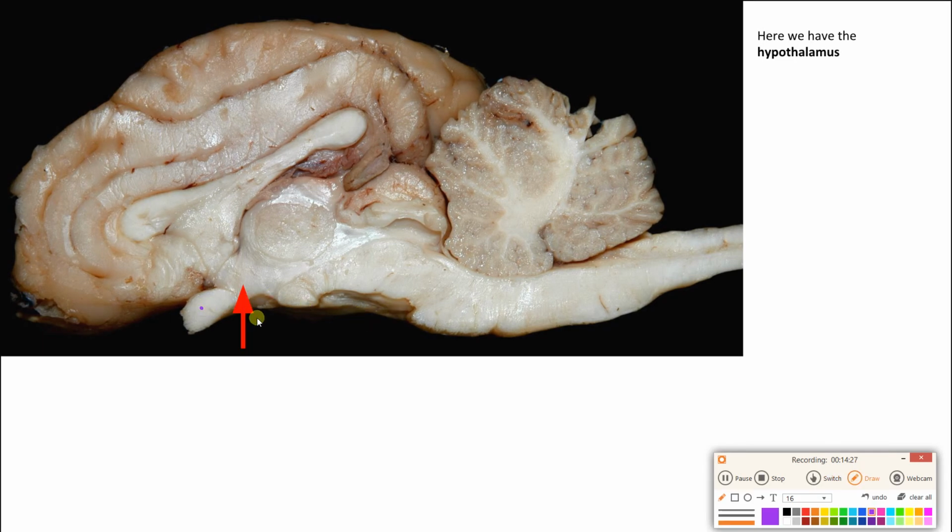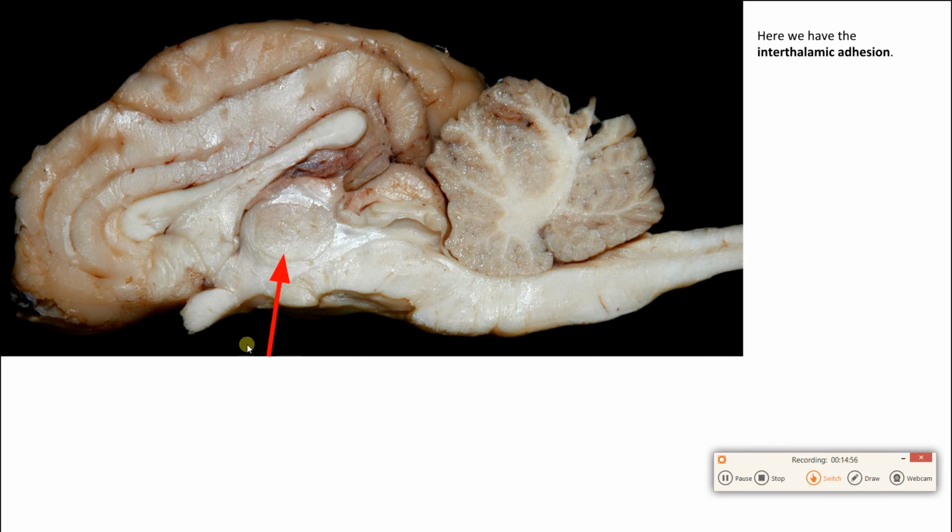Put an X on the chiasm because chiasm means like an X. Then I hop up, and right here I have the hypothalamus, which we know is like the master control center of your endocrine system, your autonomic nervous system. It is involved in all sorts of homeostatic things as well. So we jump from the optic chiasm, whoop, right up into the hypothalamus. Then from the hypothalamus, we are going to jump again.